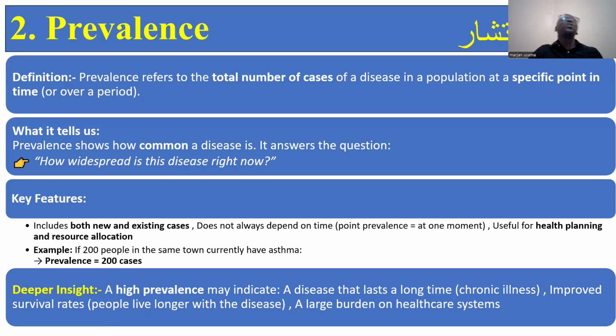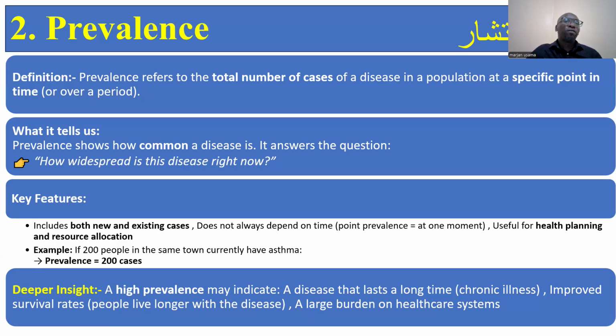So it is all the new cases, وهناك الحالات كانت موجودة. So it does not always depend on time. Point prevalence, على كل حال, it's useful for health planning and resource allocation. So the prevalence, or معدل الانتشار, it basically helps us to plan when it comes to health planning and resource allocation.